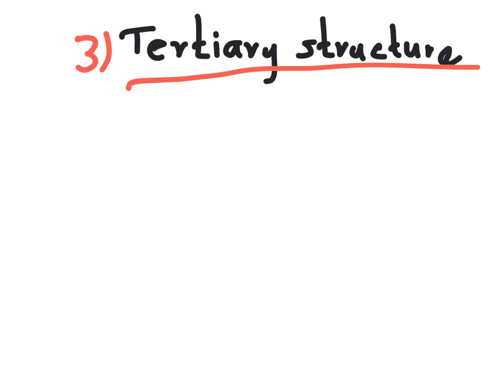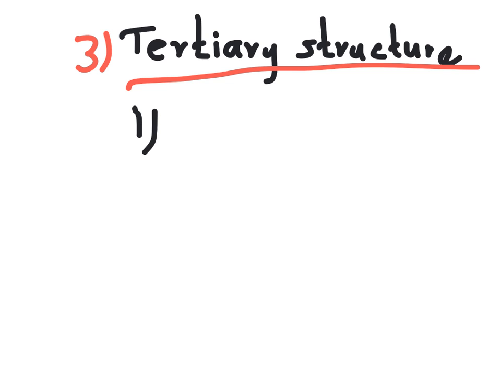As they have to undergo extensive bending, they undergo several other bondings. In secondary structure we had the hydrogen bonds, which were in the backbone. Here we have 4 other bonds. We have to discuss one by one.